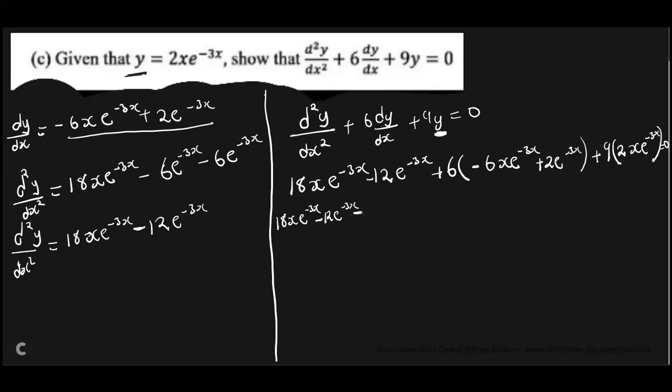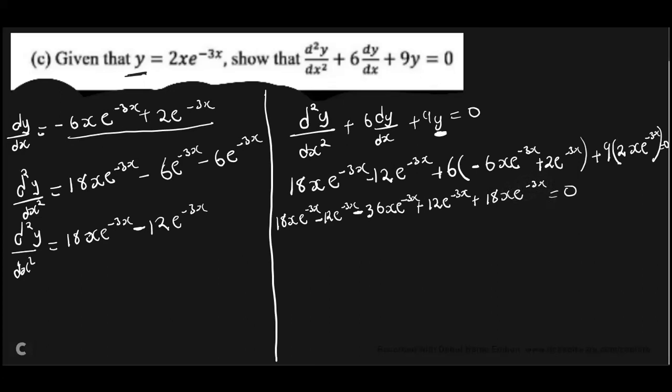It is negative 36x e to the power 3x plus 6 times 2, which answers 4e to the power 3x plus 18x e to the power negative 3x equal to 0, like that.